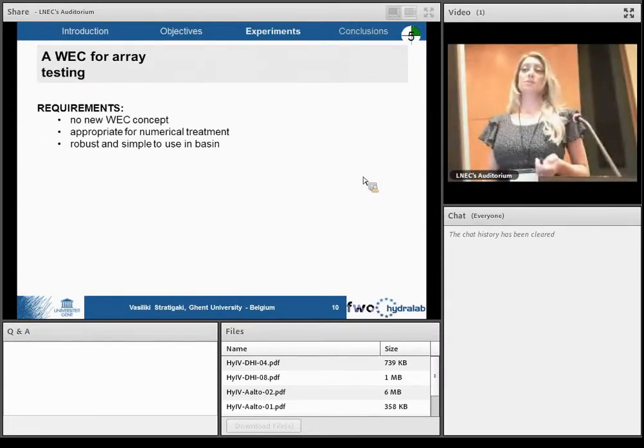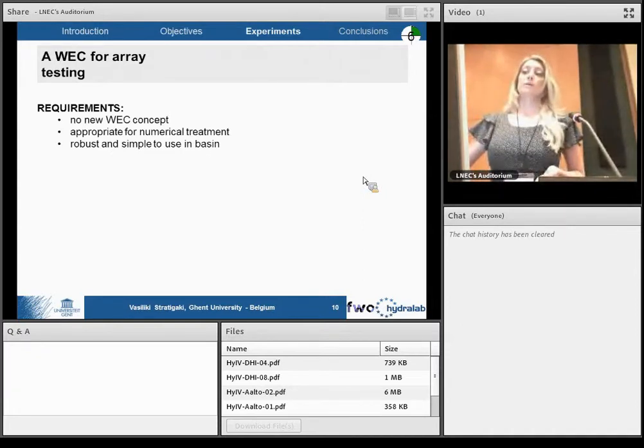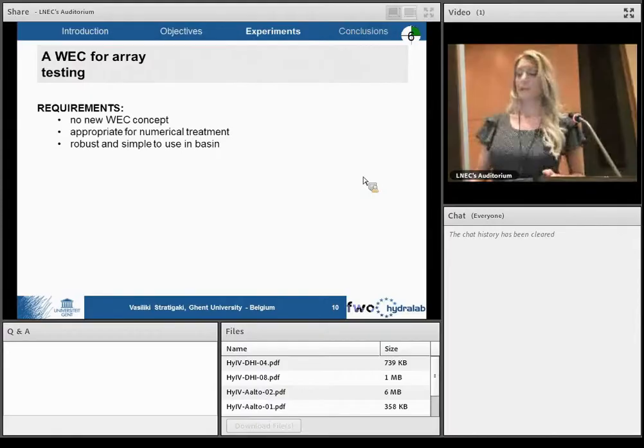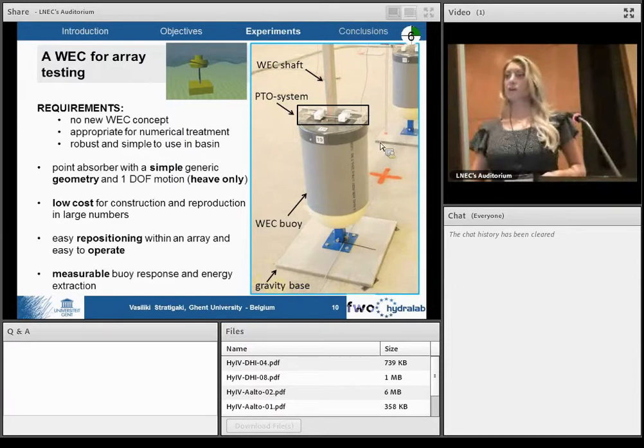And it has measurable buoy response and energy extraction so that we can easily compare results from one geometrical array configuration to another. This WEC has been constructed in the workshop of Ghent University and has been tested thoroughly prior to the WECwakes experiments in DHI, in the wave flume of Ghent University, in the wave basin of Queen's University Belfast, and in the large wave flume of Flanders Hydraulics Research.